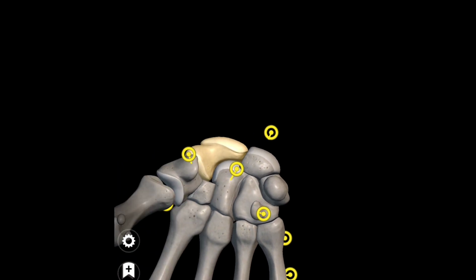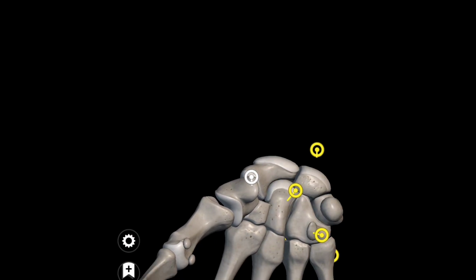This is the scaphoid bone. This is the lunate, and here is the triquetrum, and this is the pisiform. Here you can see the trapezium. The trapezium has a tubercle of the trapezium.